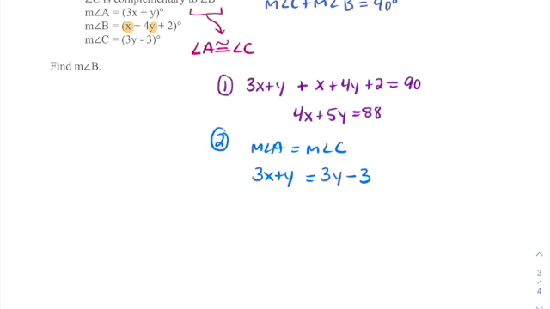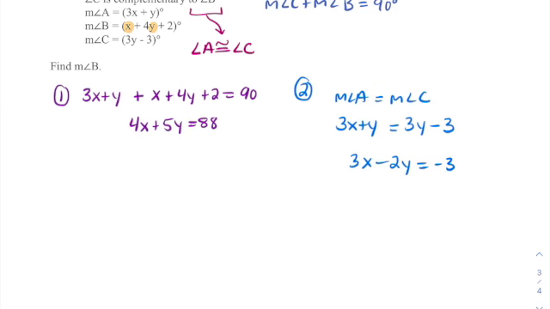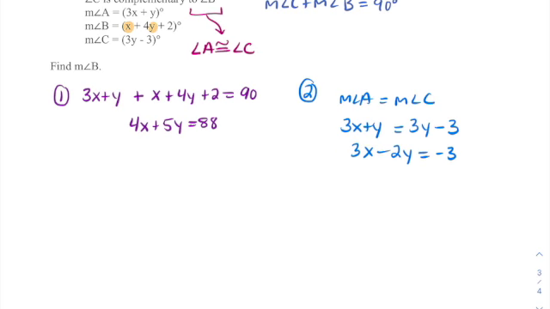So looking here, I'm going to get x and y on the same side. This gives me 3x minus 2y is equal to negative 3. So I'm going to move these here. Okay, so now we've got a couple of choices.